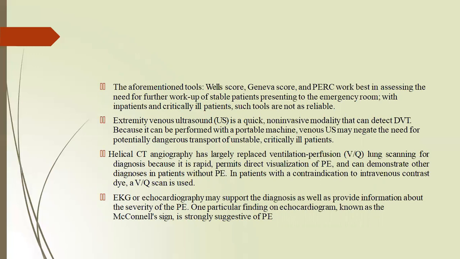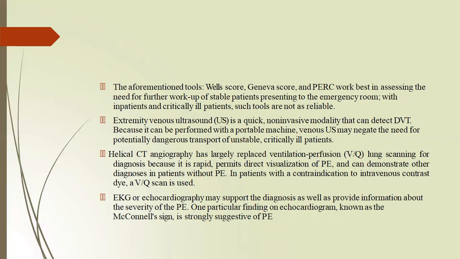Extremity venous ultrasound is a quick, noninvasive modality that can detect DVT because it can be performed with portable machines. Venous US may negate the need for potentially dangerous transport of unstable, critically ill patients.